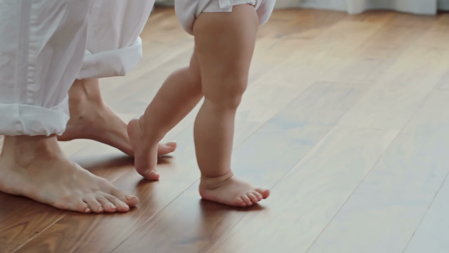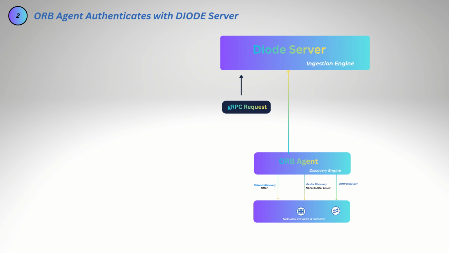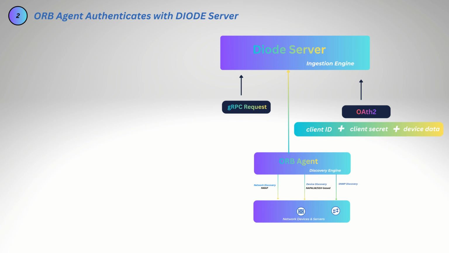The next few steps are very important. Now the ORB agent creates a gRPC request which includes the OAuth2 credentials. It is sending a client ID and a client secret along with the actual device data. Remember, these credentials are available in the ORB agent configuration file. And this is sent to the DIODE server.